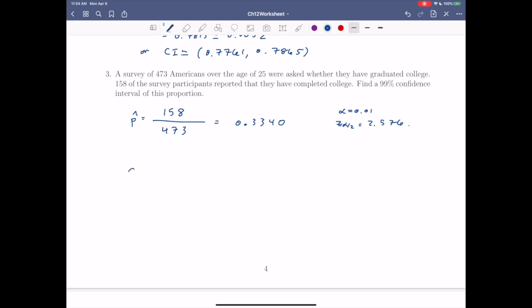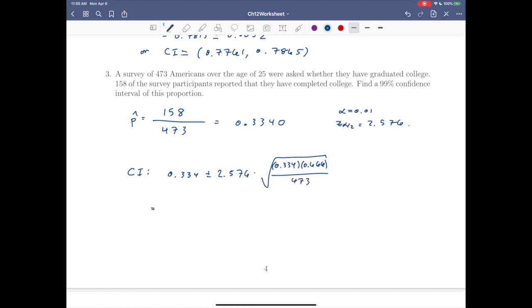But it turns out that our confidence interval is going to be 0.334 plus or minus, let's just do it to 3 decimal places, our critical value, 2.576, times the square root of 0.334 times 1 minus that, so that's 0.666, all over our sample size, which is 473.